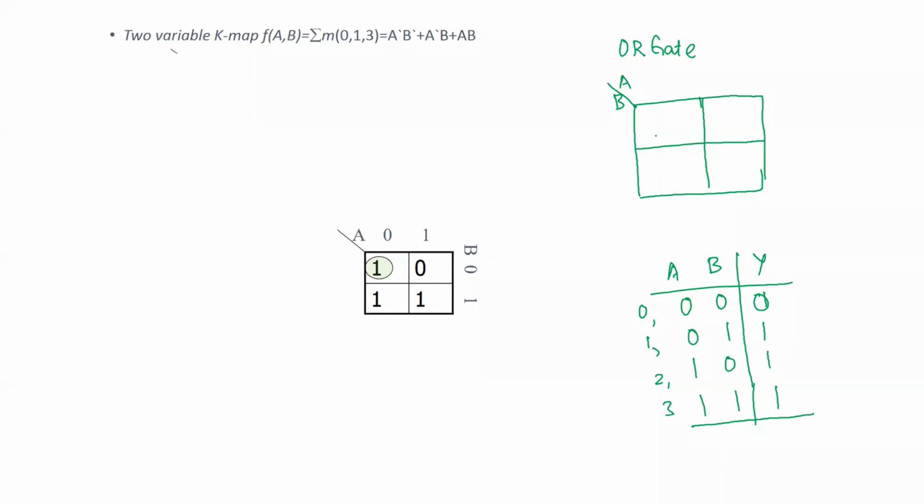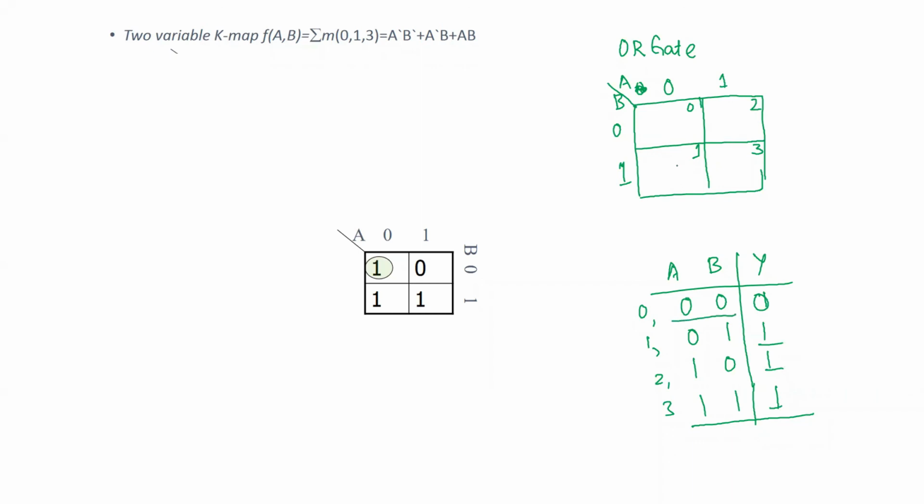Now 0 0 corresponds to 0, 0 1 corresponds to 1, 1 0 corresponds to 2, and 1 1 corresponds to 3. So you will substitute all the values corresponding to the truth table here.